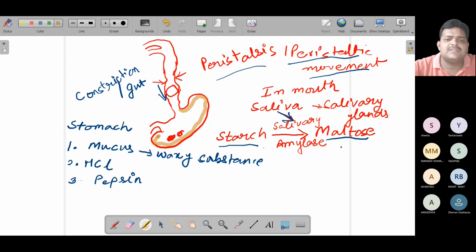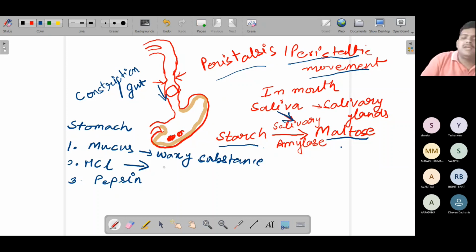Why is this mucus important? Because in the stomach, hydrochloric acid is also being produced. This hydrochloric acid kills harmful bacteria, but it can even burn our stomach because it is an acid. That is why the stomach has the protection of mucus. This mucus provides protection to the walls of the stomach.